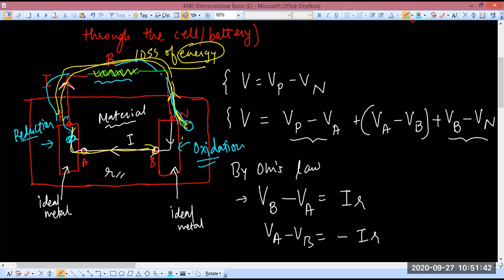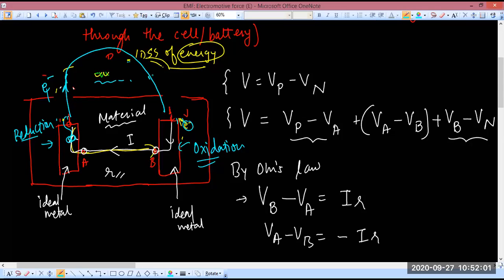But when the direction of current is reversed, at that time the electron will come out from here and will go in there. Right? Electron will come out from here and go in there. So what is happening is that here there is oxidation and here there is reduction. Agreed?